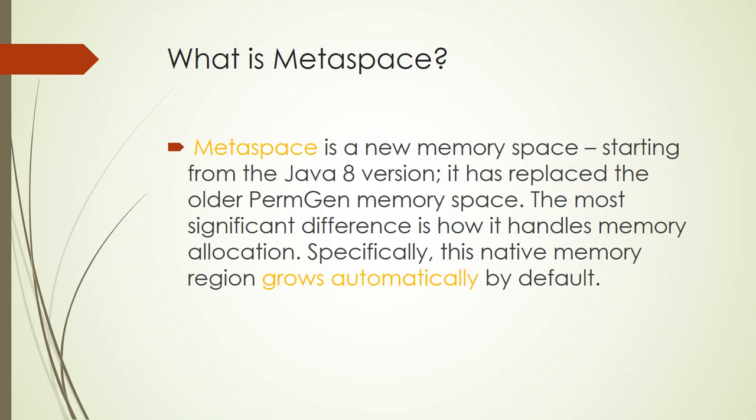PermGen had very limited space, and we used to define memory parameters for the PermGen space, like 2 GB, 4 GB, 7 GB. But now Metaspace can grow up to whatever memory size of RAM you have.